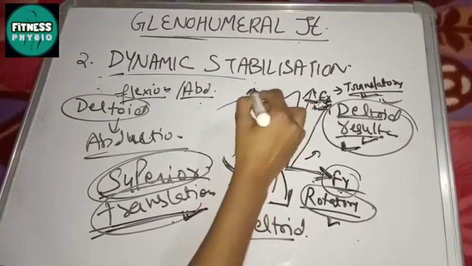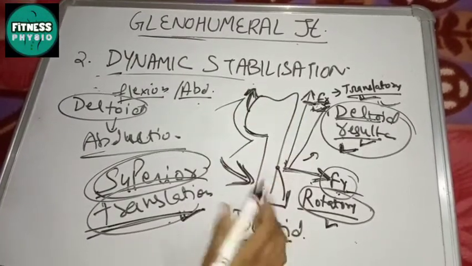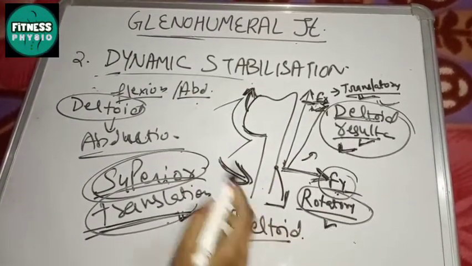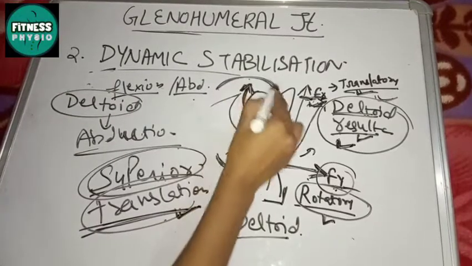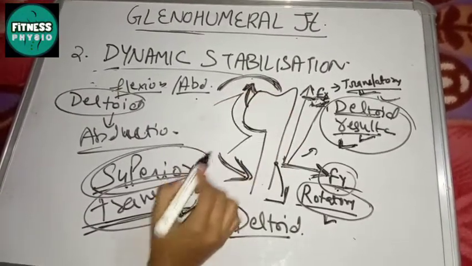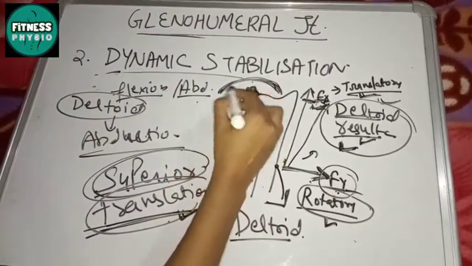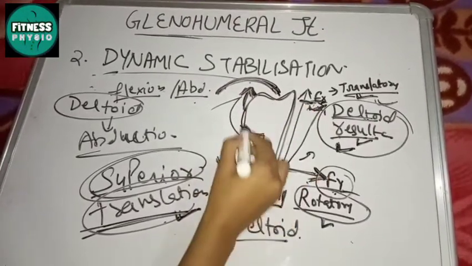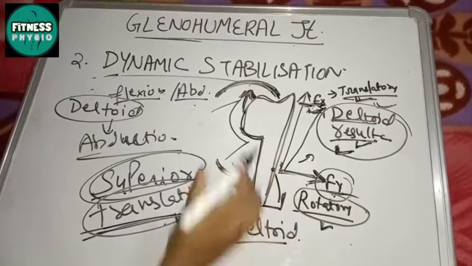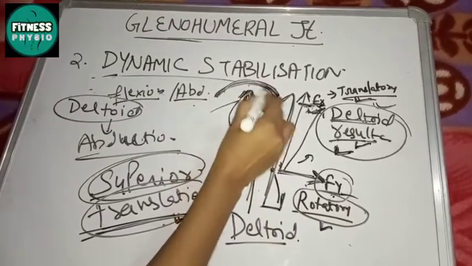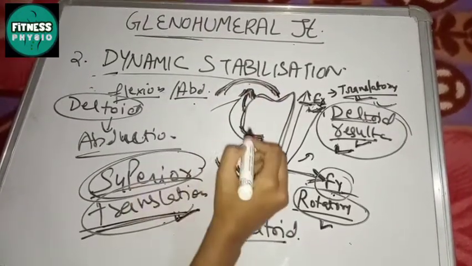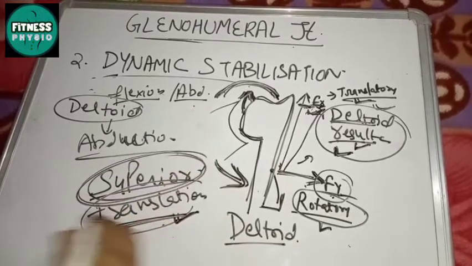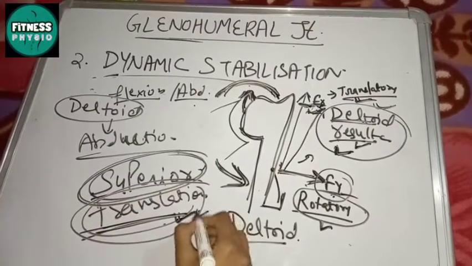If superior translation occurs too much just before completing full abduction, what will happen? Here is your coracoacromial arch, so it will be damaged because of the superior translation. To prevent this coracoacromial damage, there must be something which opposes superior translation of the GH joint in dynamic stabilization.